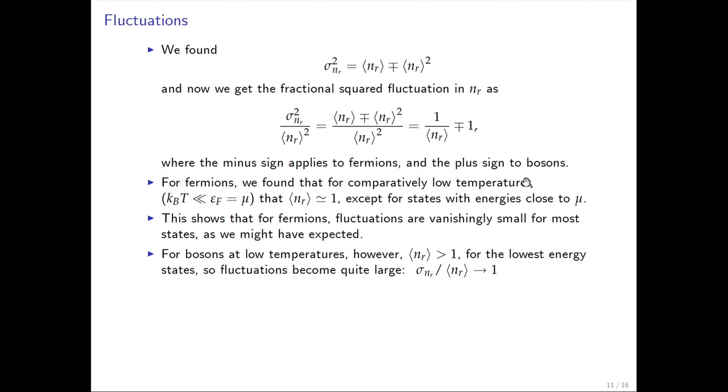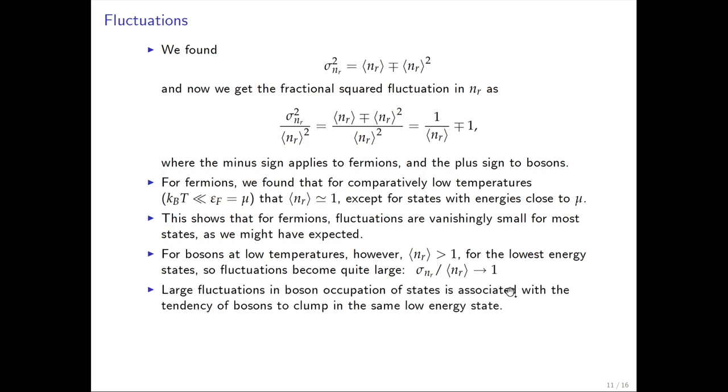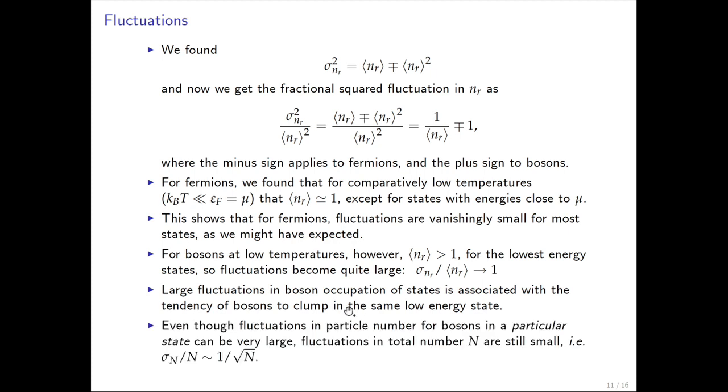So fluctuations are the same order as the occupation number. That's a large fluctuation. Of course, the large fluctuations in boson occupation numbers are associated with this tendency of bosons to clump in the same low energy state. And we'll see that that also leads to Bose-Einstein condensation, which we'll discuss.